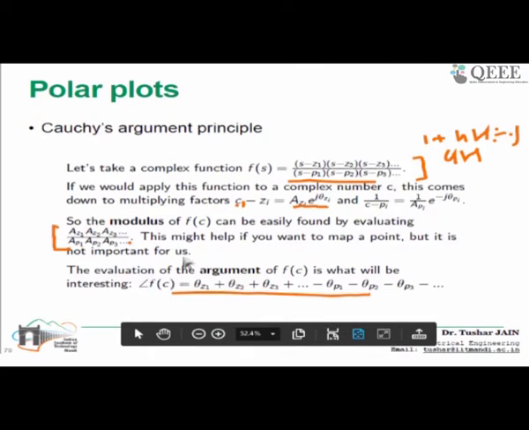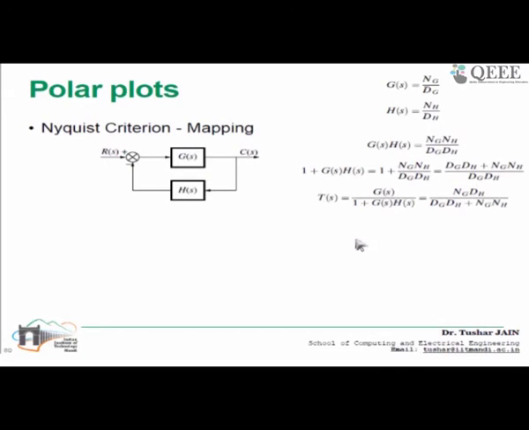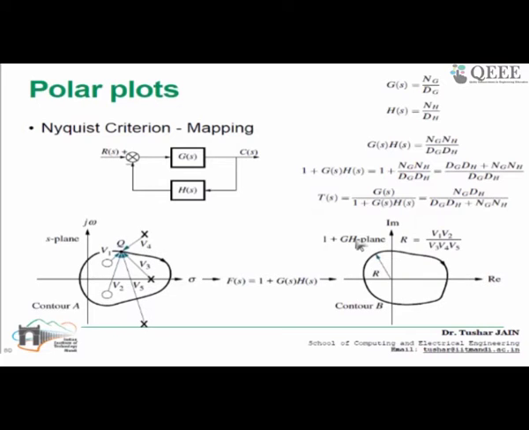Similarly, this angle gives the phasor angle starting from the origin, where all the angles of the zeros are added with a positive sign and the poles are added with a negative sign. So let's see this on the mapping itself.